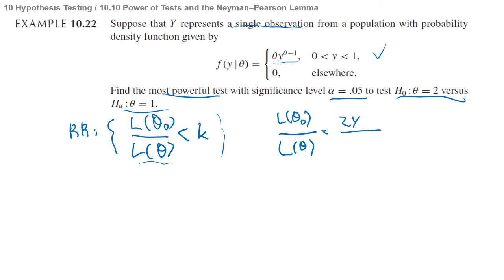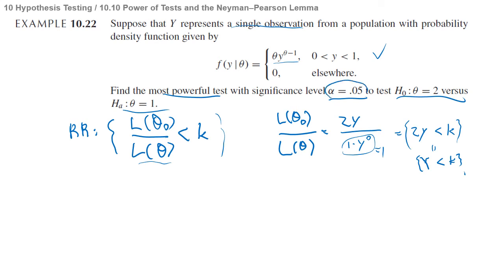And theta A is theta equals 1, which gives 1 times y to the power 0, which is 1. So this is 2y, and the rejection region is 2y is less than k. Actually this rejection region is y is less than k.